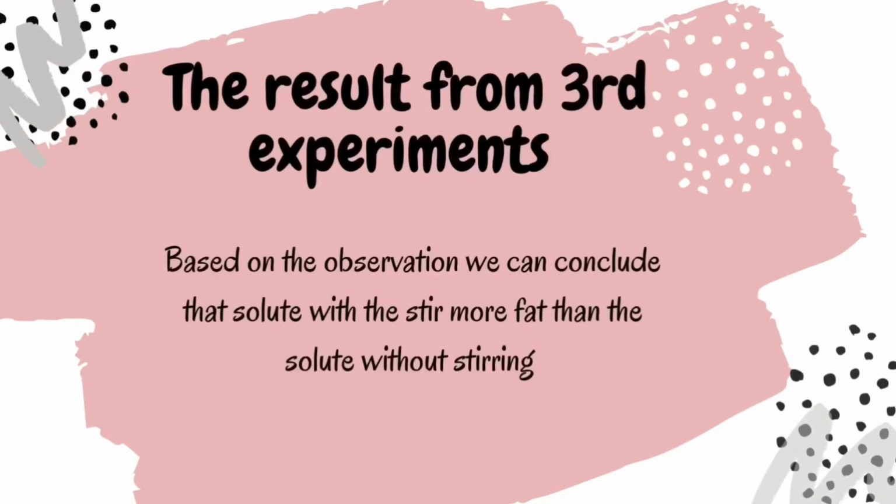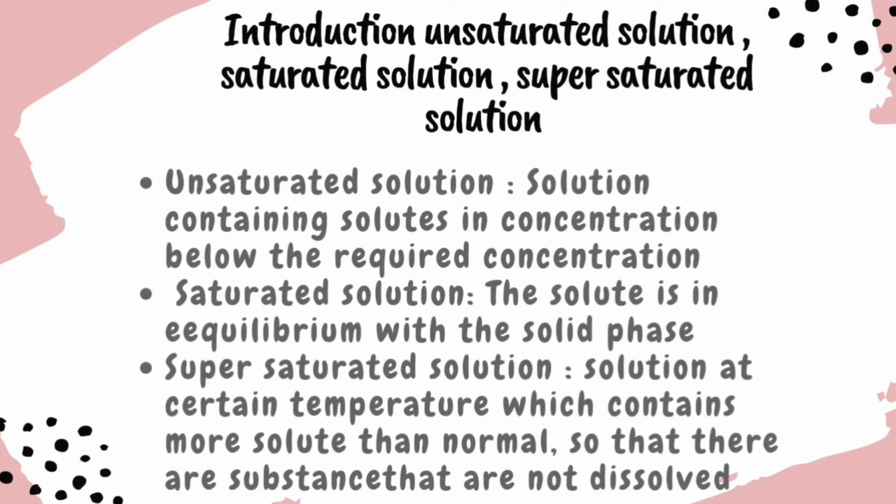The result from the third experiment, based on the observation, we can conclude that a solute with stirring dissolves faster than a solute without stirring. An unsaturated solution is a solution containing solute in a concentration below the required concentration. And a saturated solution is when the solute is in equilibrium with the solid phase.